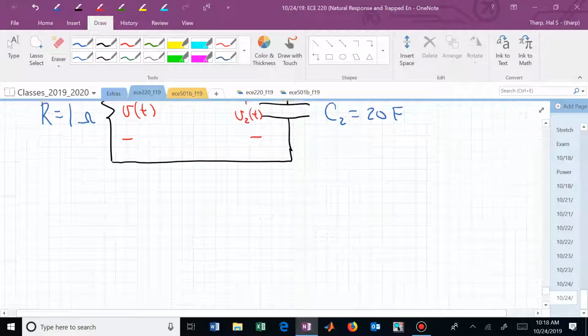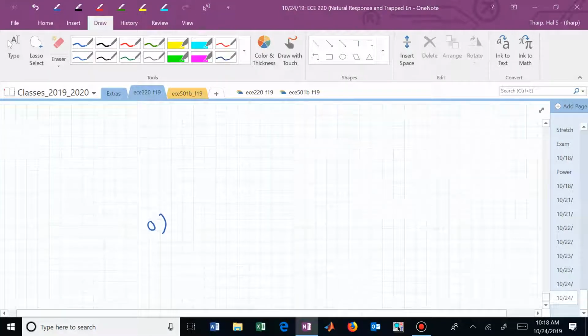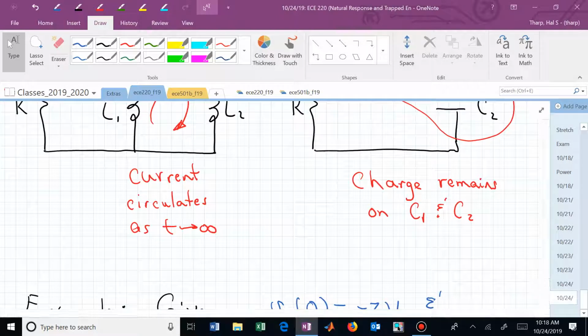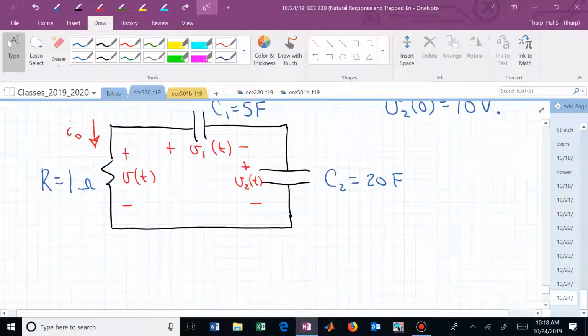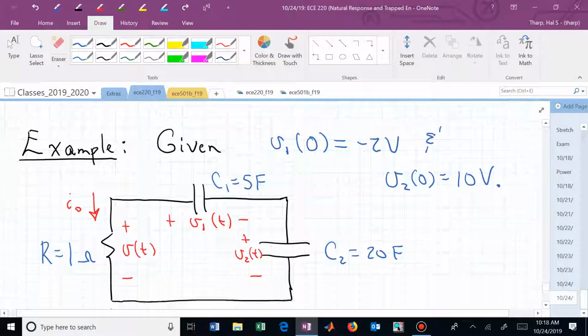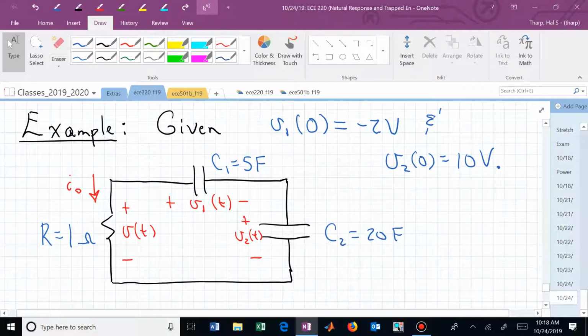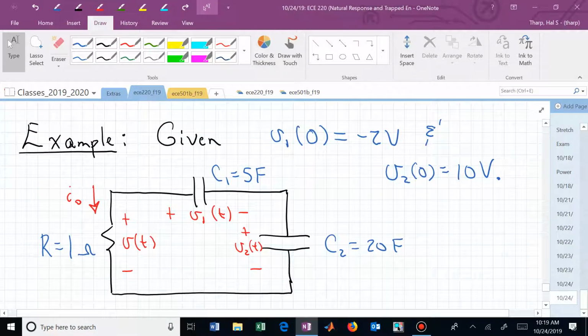Who knows what I'm touching? Really? Do I dare do this? No. All right, so I'll just continue. Two minutes is all I have to do this. So let me quickly walk through. You know how to find the initial energy stored.